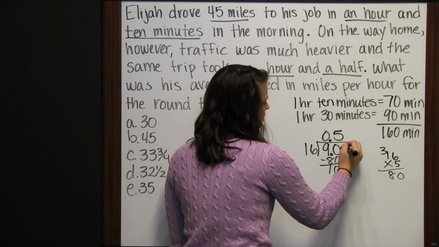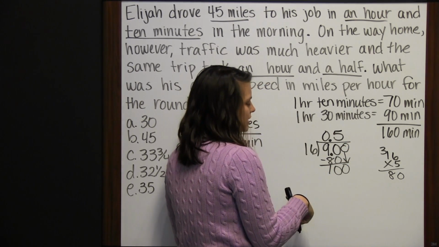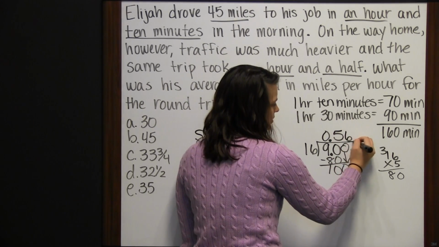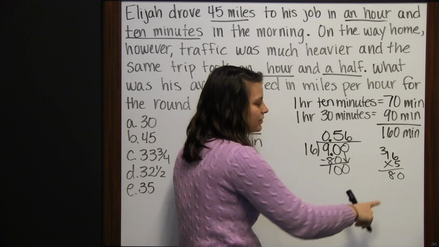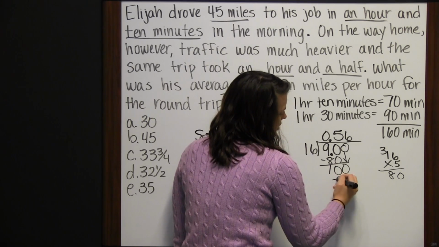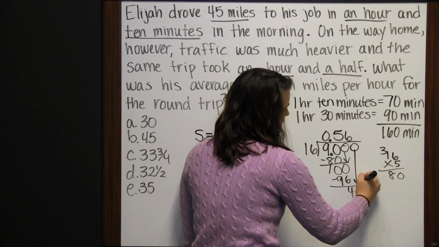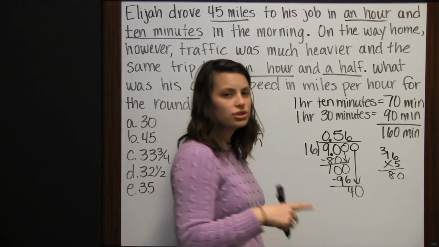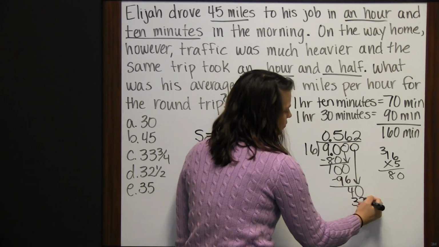So we need to add another 0 and bring it down. 16 goes into 100 6 times, since 16 times 5 was 80, then one more time would be 96. And then we subtract and we get 4. Add another 0, bring it down. 16 goes into 40 2 times. 16 times 2 is 32.